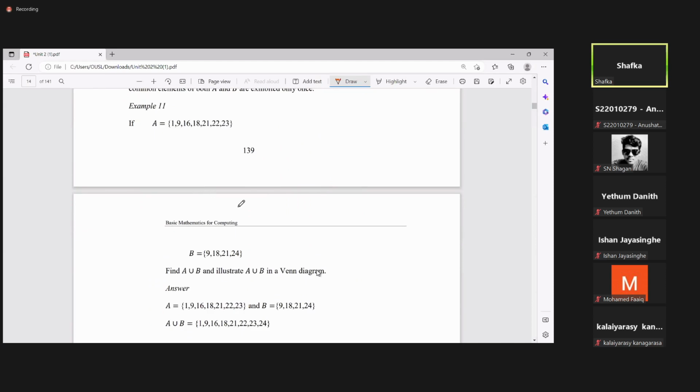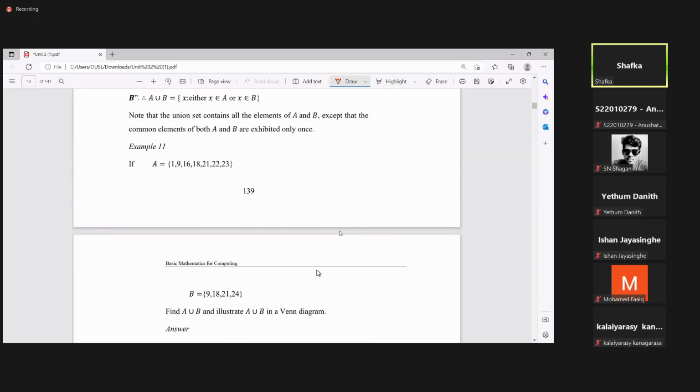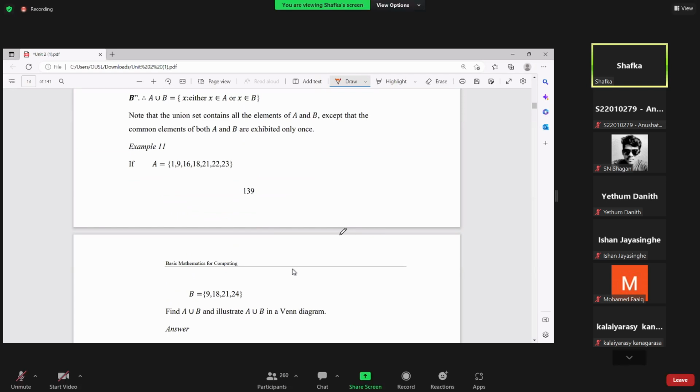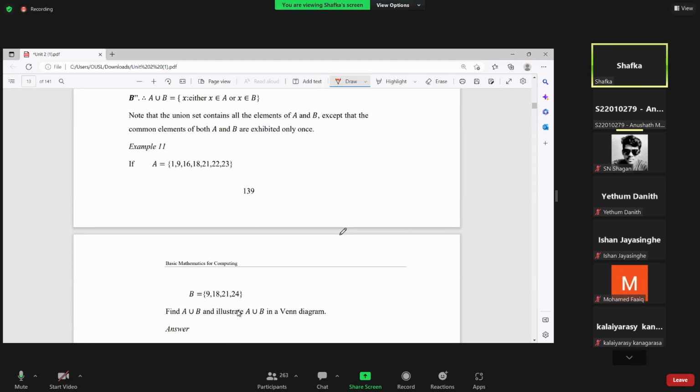So if you are considering this example number 11, A consists of 1, 9, 16, 18, 21, 22, 23. B contains 9, 18, 21, 24. What is the intersection? Union. What are the elements in the union? 22, 23, 24.